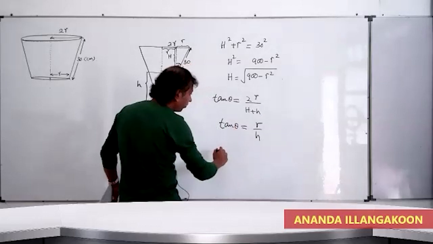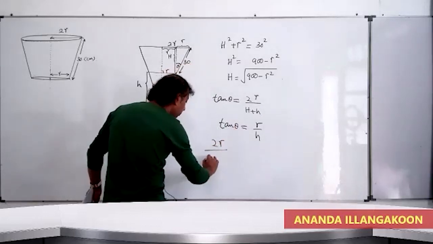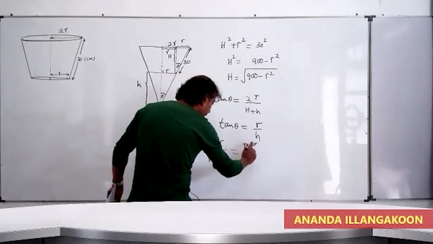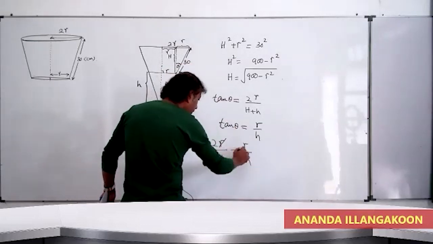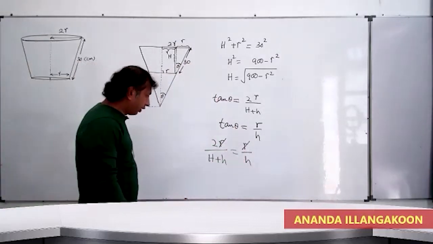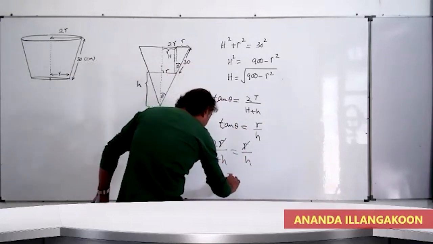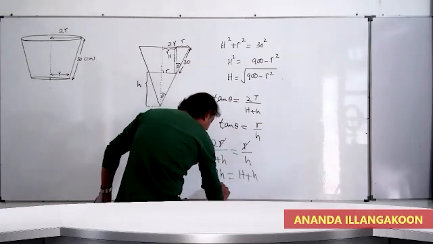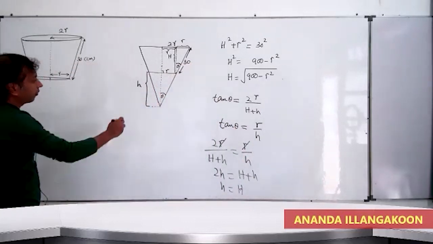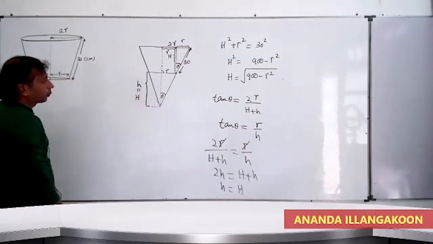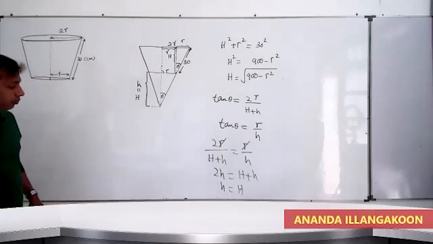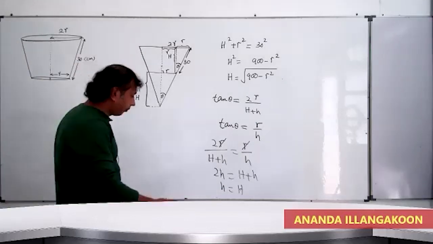These two tan theta values being equal, people, this and this you can cancel down. Then you can simplify this to find this small h. Small h is equal to capital H. This is capital H. Right. Yeah, we get that.